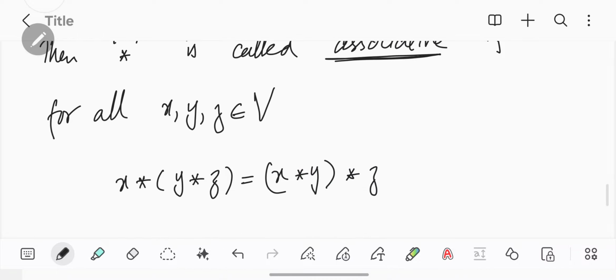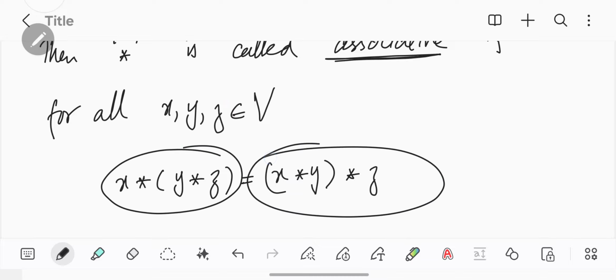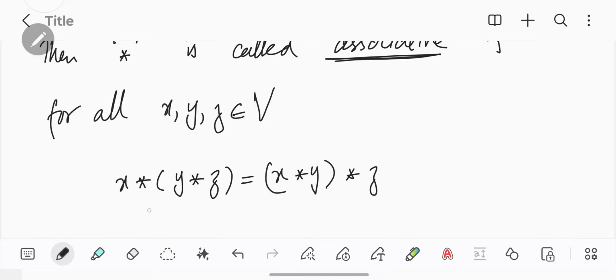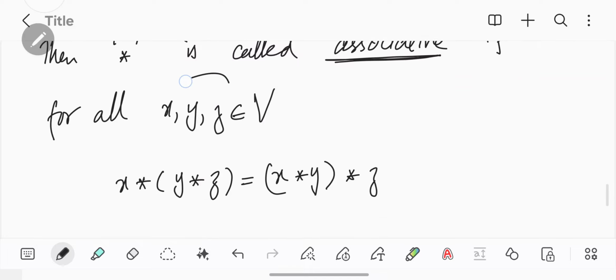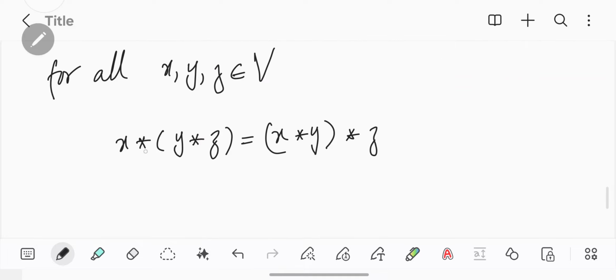That means if for any three elements this thing is equal to this thing, this means star is associative, right? You will say star is called associative if for every three elements this is equal to this.